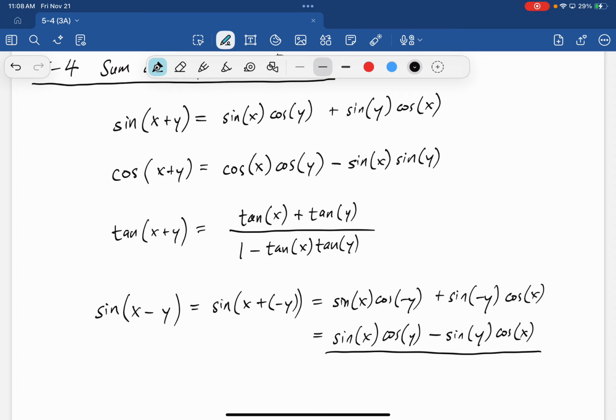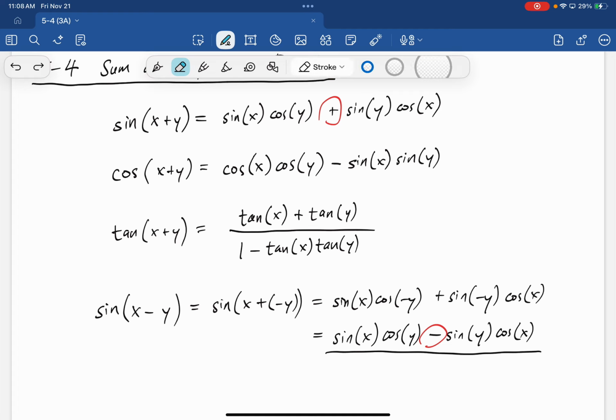As you can see, in the subtraction formula, the only thing that changes is that plus sign becomes a minus sign. That's the only thing that changes. And so it's really easy to memorize once you've had the addition formula memorized. Any questions? Any memorization tricks? No tricks.